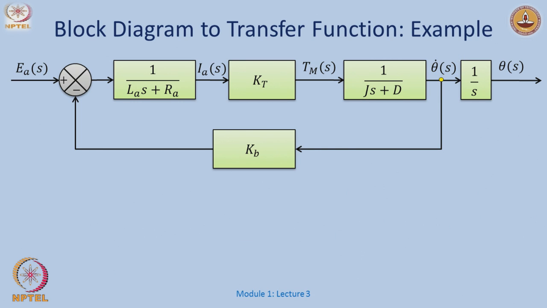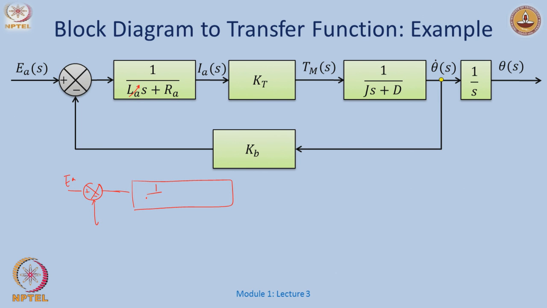So how do I get the transfer function for this? For simplicity, let's say I just ignore L for the moment. So I will have EA, a negative feedback loop, and so I'll have a single block here. All this would simply be multiplied.